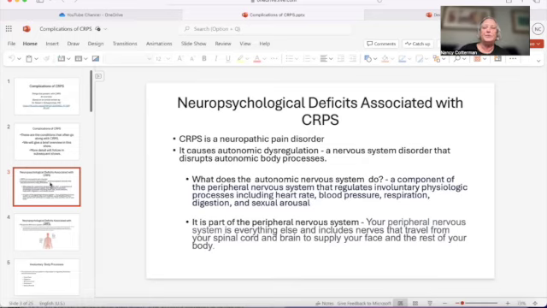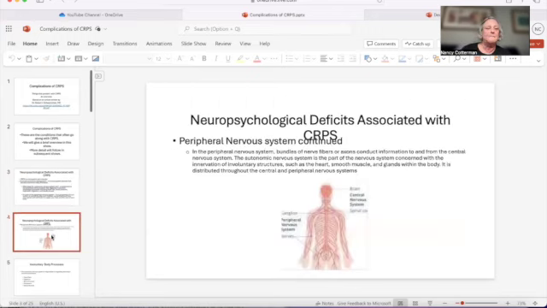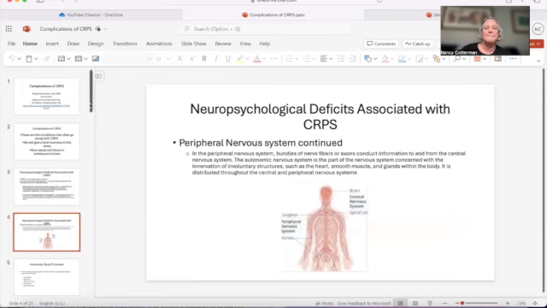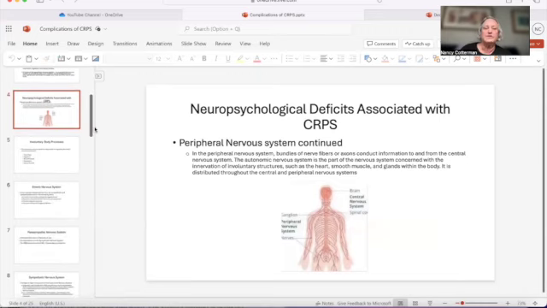It is part of the peripheral nervous system. Your peripheral nervous system is everything else and includes nerves that travel from your spinal cord to your brain to supply the face and the rest of your body. Peripheral nerves are bundles of nerve fibers or axons that conduct information to and from the central nervous system.